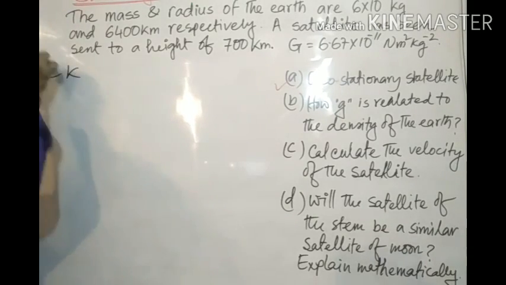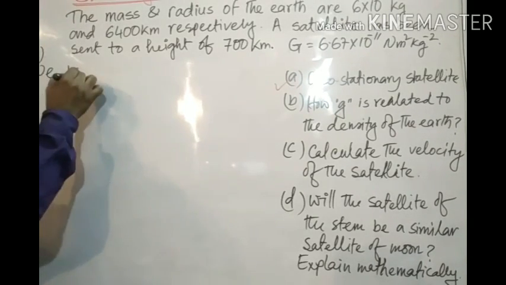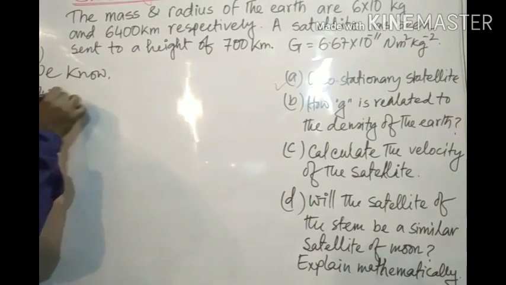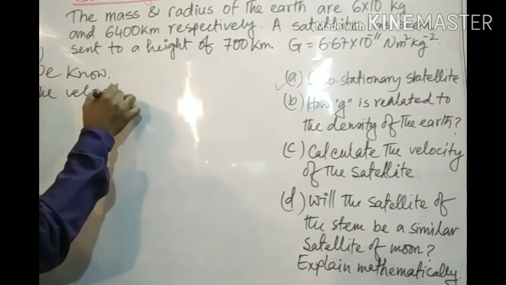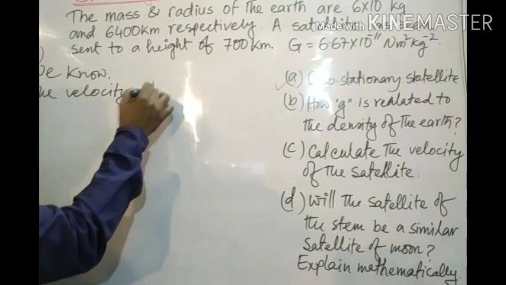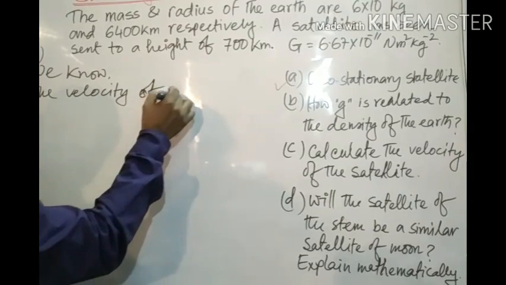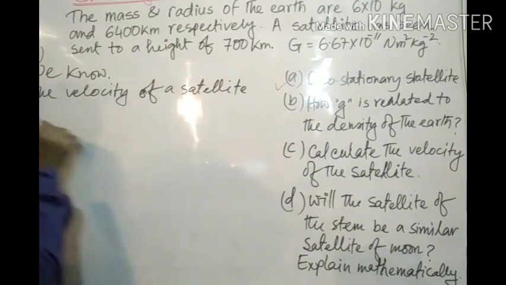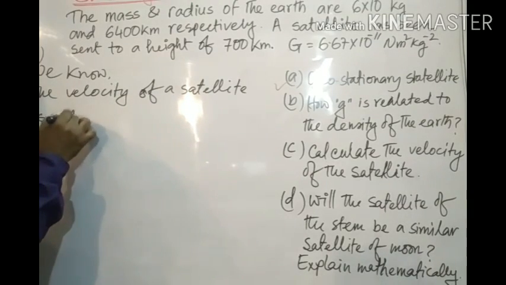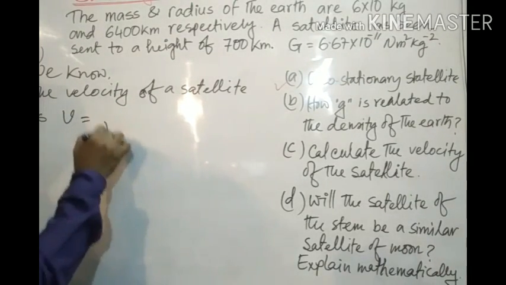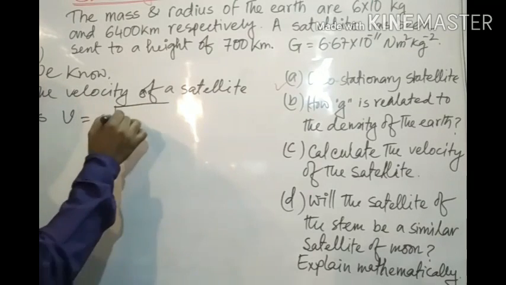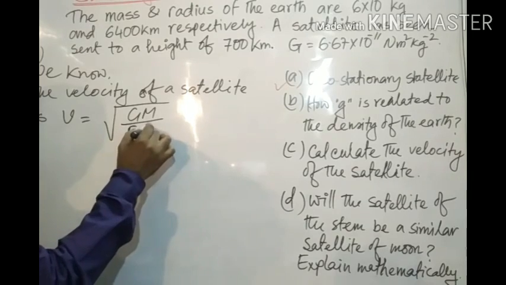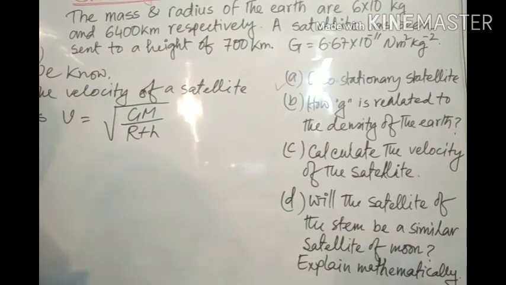We know the velocity of a satellite is V equal to square root of GM divided by R plus H.